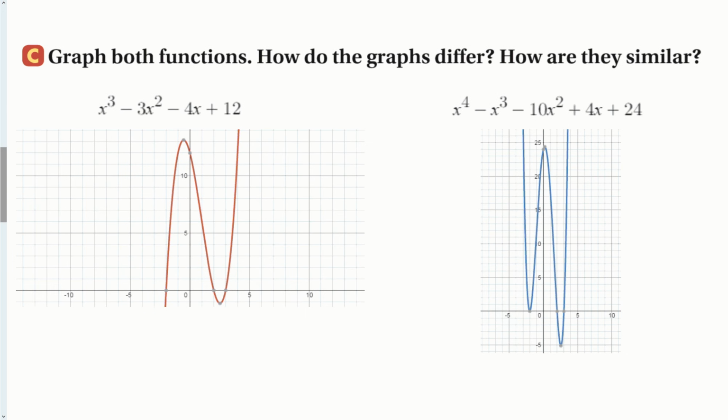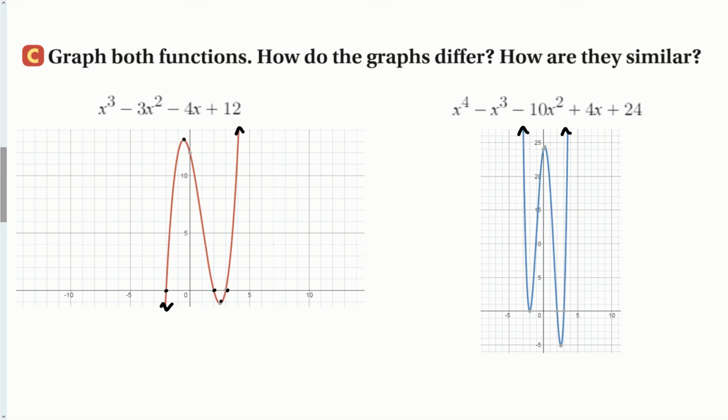Okay. So here's my graph. This one, the cubic, looks just like I expect. The left side going down, the right side going up, 2 turning points like this, 3 intercepts, the 3 numbers that I got. But look what happens on the quartic one. Both ends go up, yeah. Okay, so I expected that.